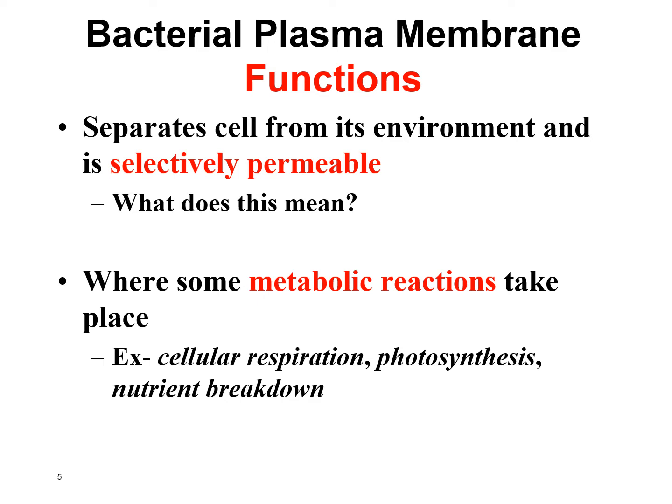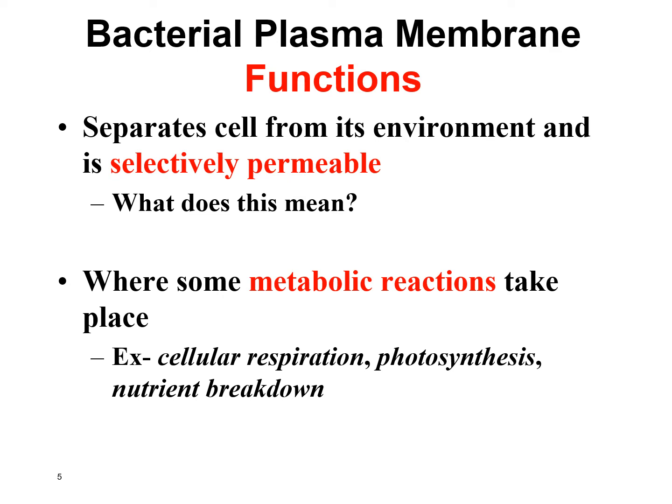And then what's really different about the bacterial plasma membrane from eukaryotic cells is that because the bacterial cells don't have organelles, they do need a place to do some of the same things like making ATP and photosynthesis as what happens in the eukaryotic organelles. And so they're just going to do those things in the plasma membrane instead, since they don't have things like mitochondria and chloroplasts.